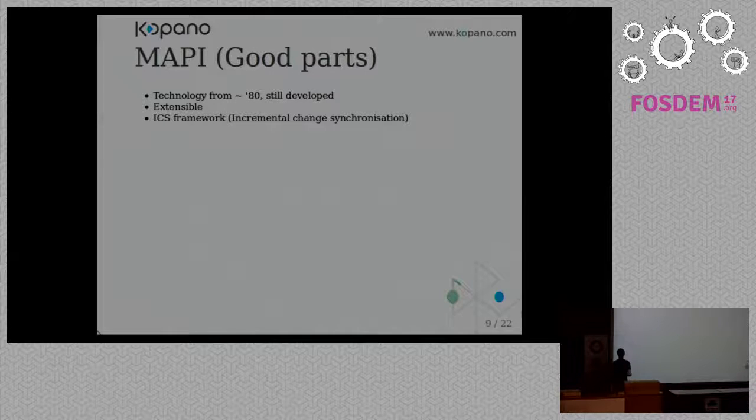We've worked for a long time with MAPI, and this extensibility is something we really like. But MAPI is not only these objects. MAPI also provides more of a framework, and one of these frameworks is the incremental change synchronization.